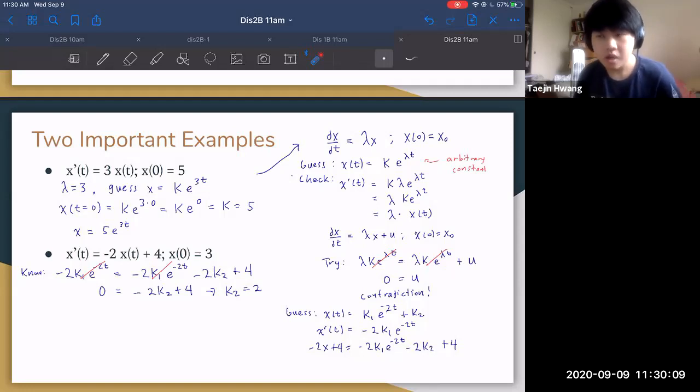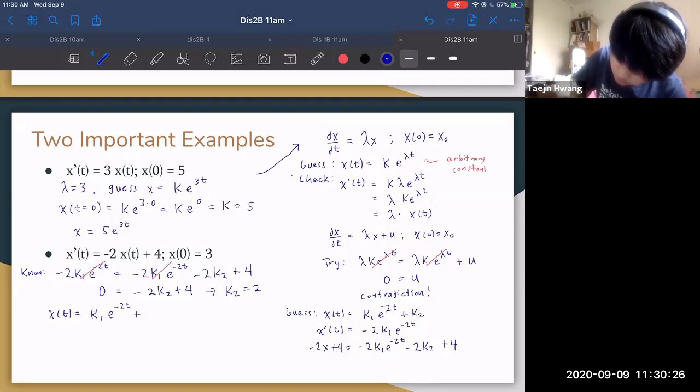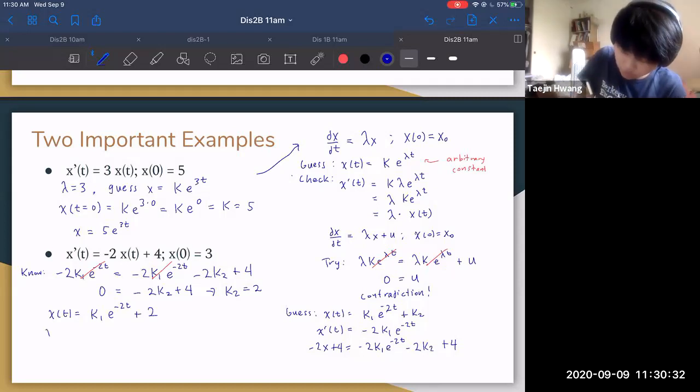So now that we solved for k2, we're going to go back and solve for k1. This is similar to back substitution, where now we can say that x of t is equal to k1 e to the negative 2t plus k2, but we know that it's equal to 2. And the way we can solve this is to just plug in our initial condition, similar to what we did up here.